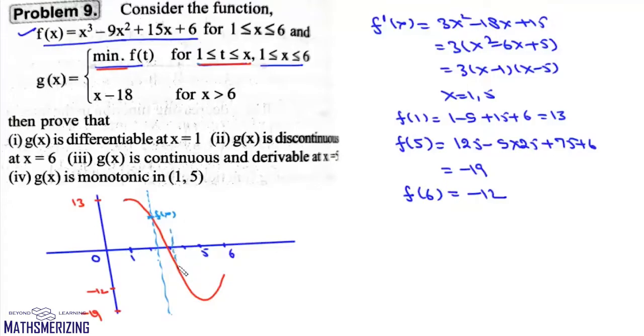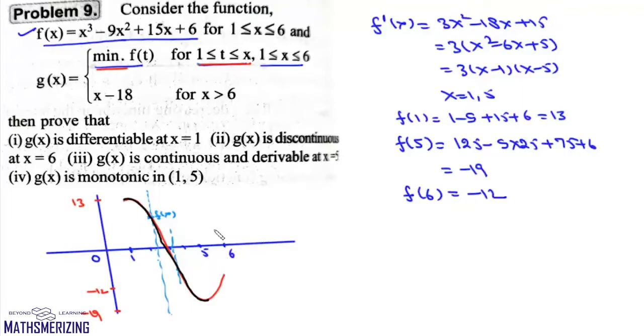Now if we choose this x here, again in this interval, the minimum value is at x. So here also g(x) equals f(x). So g(x) will be equal to f(x) as long as this function is decreasing. That means between 1 and 5, g(x) is the same as f(x).